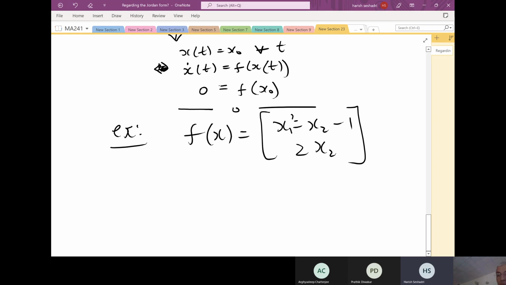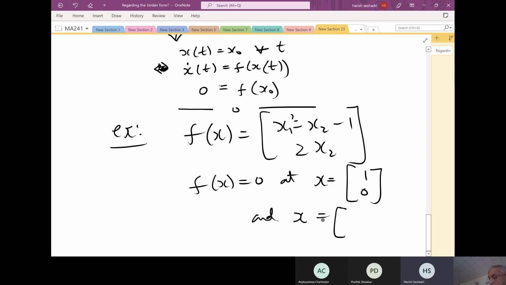This has two equilibrium points, f of x equal to 0, at x equal to (1, 0), and the other one is (minus 1, 0) as well.